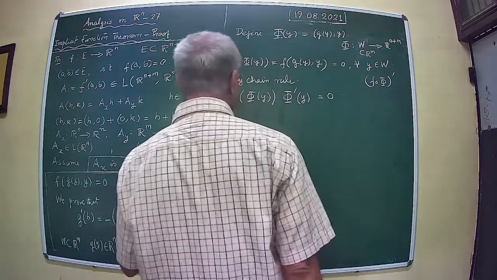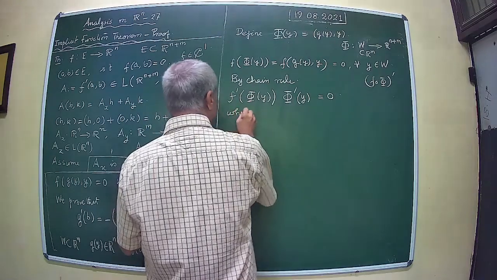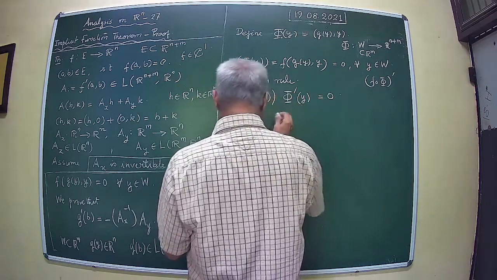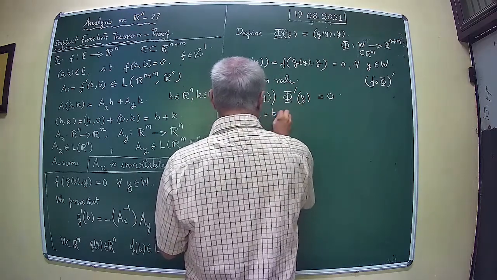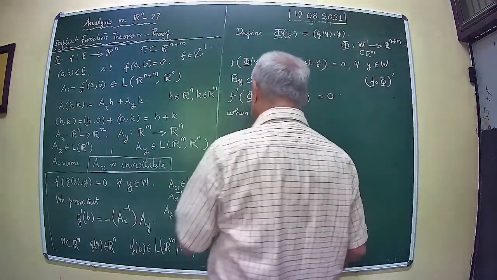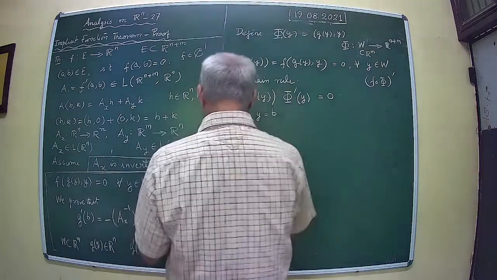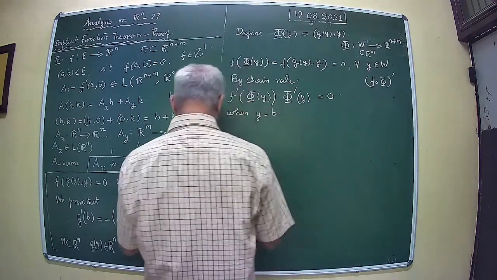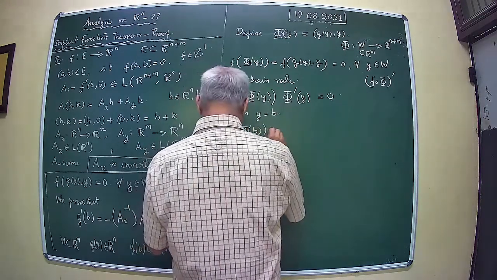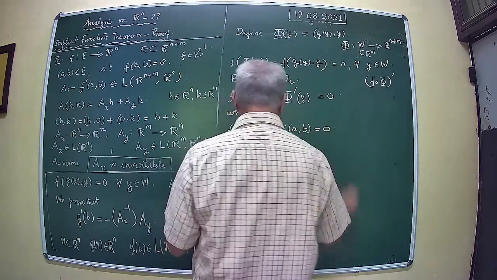This is equal to 0. So F of phi B, this is equal to, which is equal to 0.